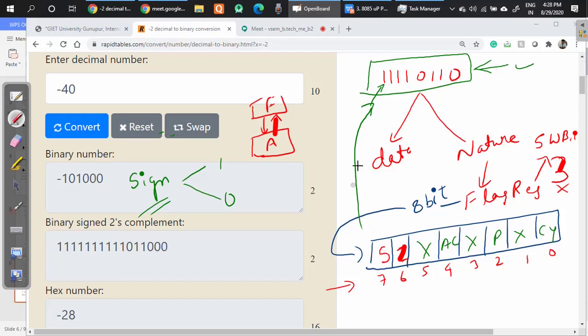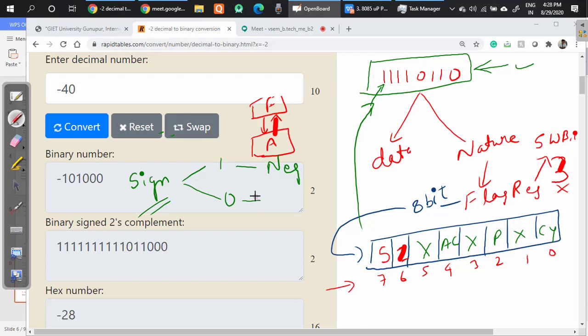So if it is observing only one bit, that bit can be either 1 or 0. I hope I am correct, guys. Yes or no? Yeah. So if there is 1, it means the result is negative. Keep that in mind. Okay. Means if the sign flag is observing the last bit, and that bit is 1, the result will surely be negative.